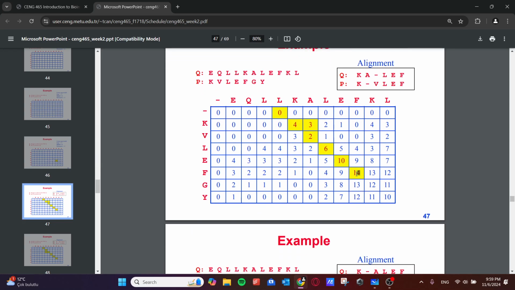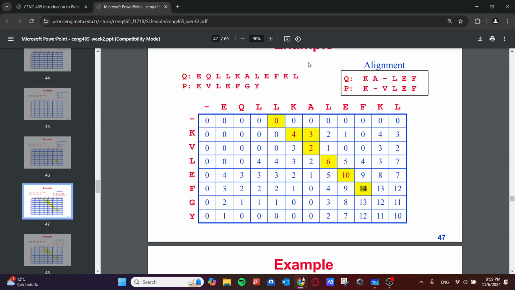So here the maximum number is 14, right? So we start from 14. Okay, so here it's diagonal, right? So I put F and F, F for the X and F for the Y. Then it's diagonal again, E and E for X and Y. Diagonal again.